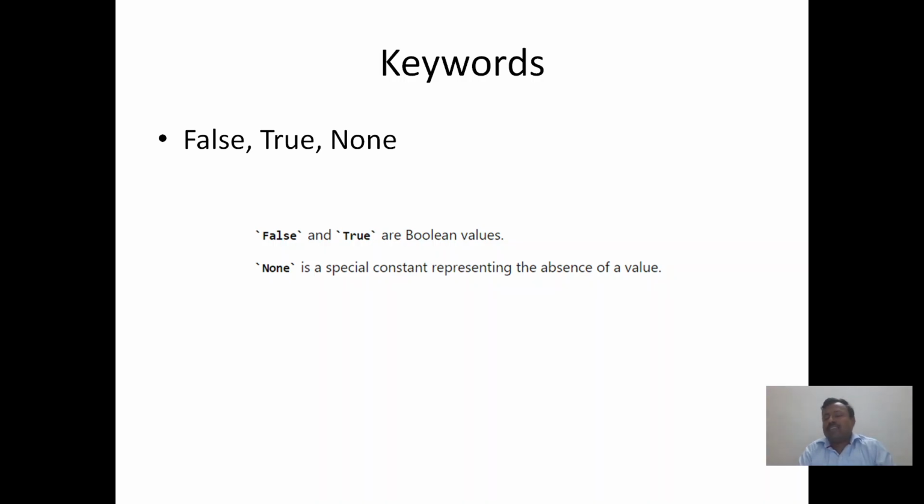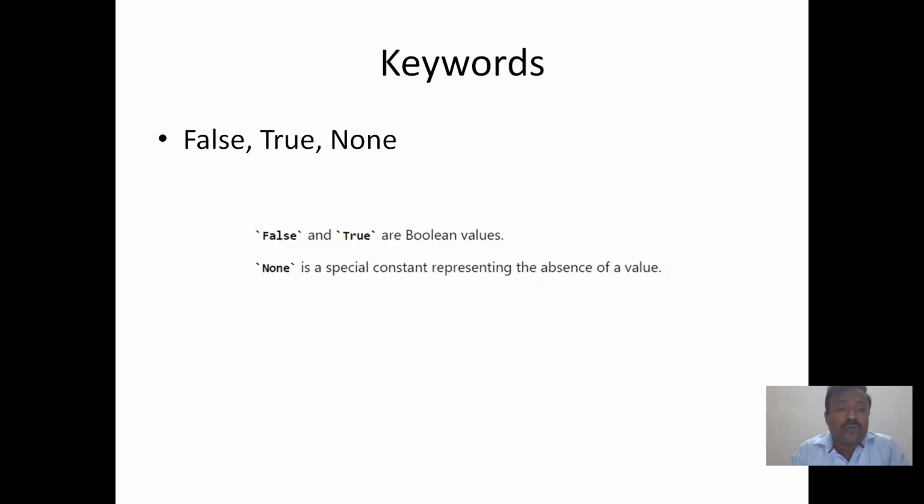The first category, see, generally all the keywords in Python are in lowercase except three keywords. The three keywords are what? False, True, None. If you see these three keywords I have just quoted, in case of Python, keywords are in what? Lowercase, except three keywords.